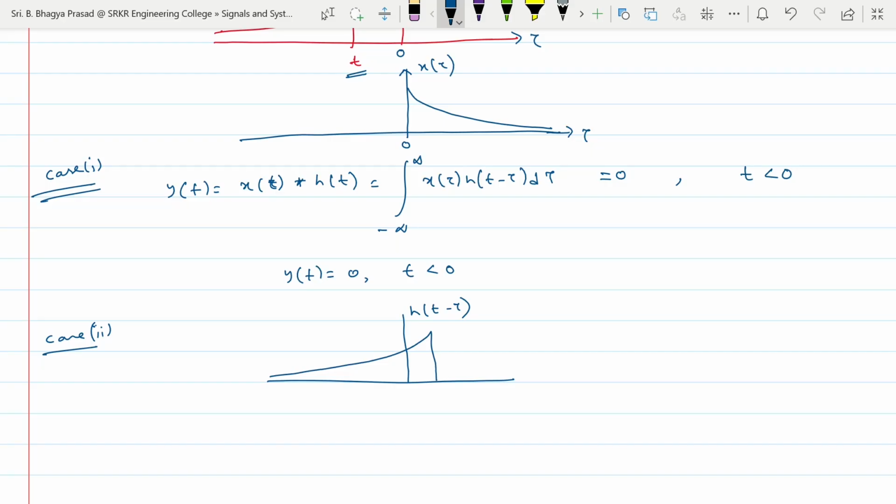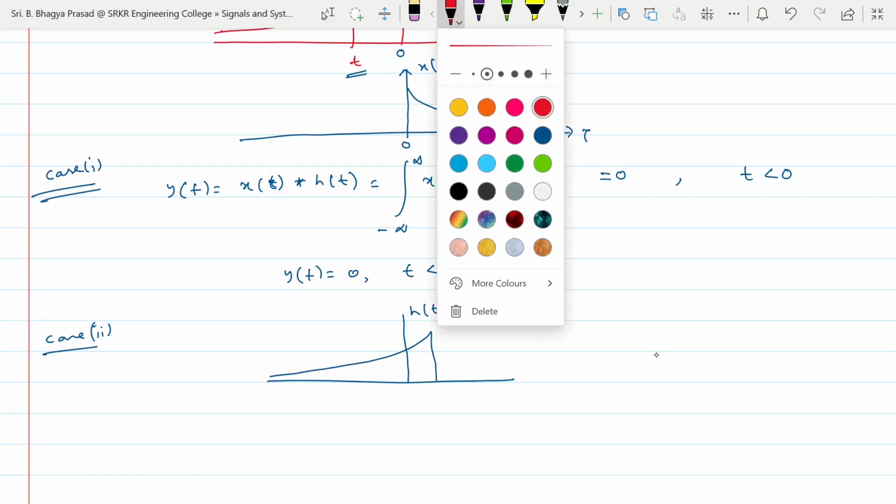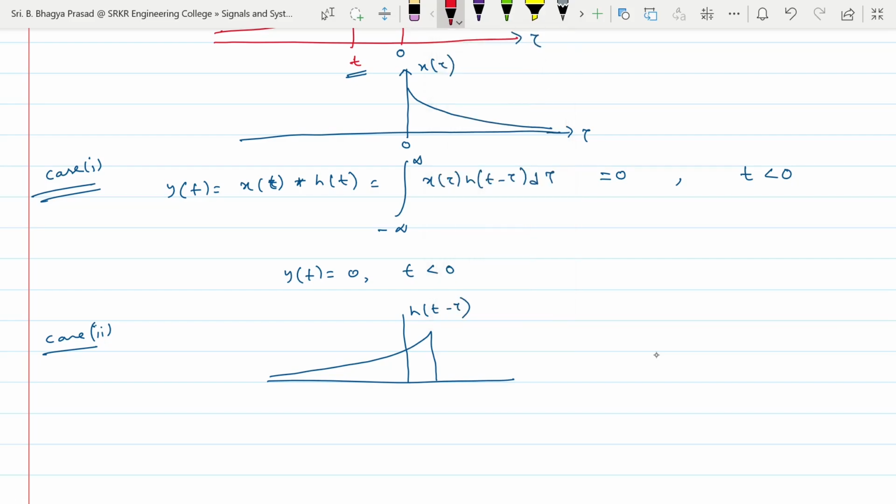One signal is like this and another will be like this.